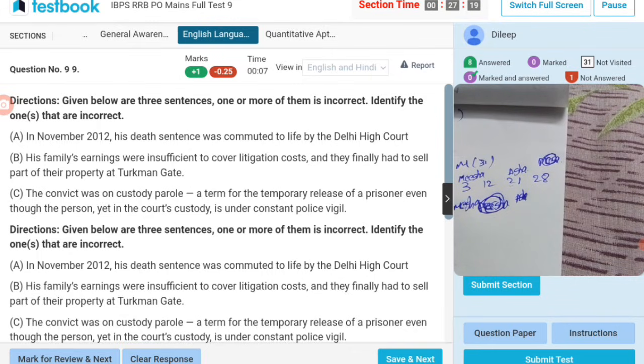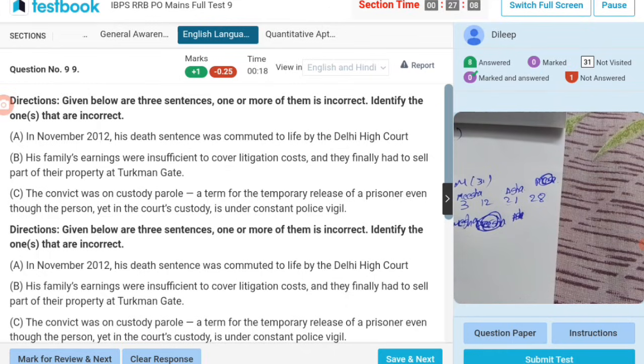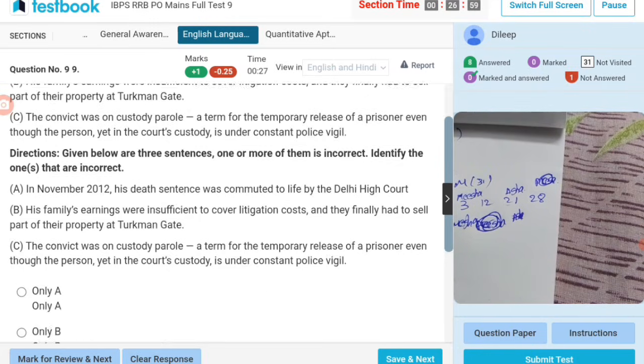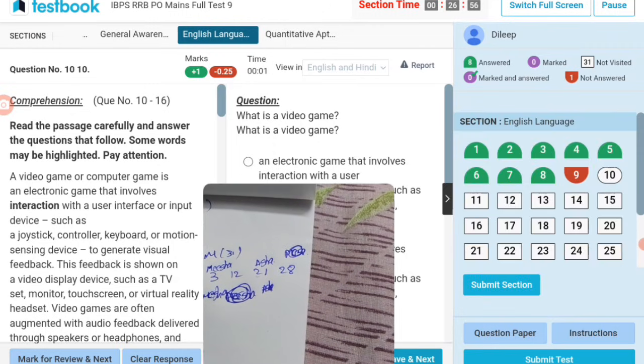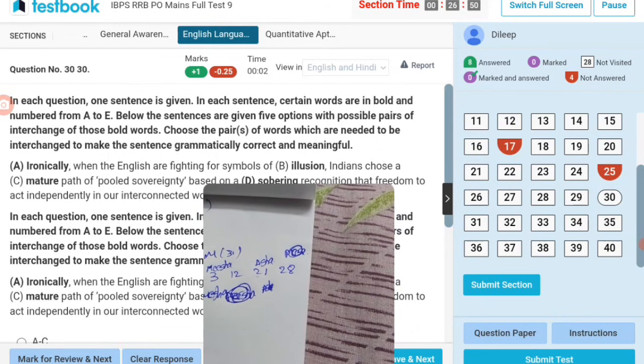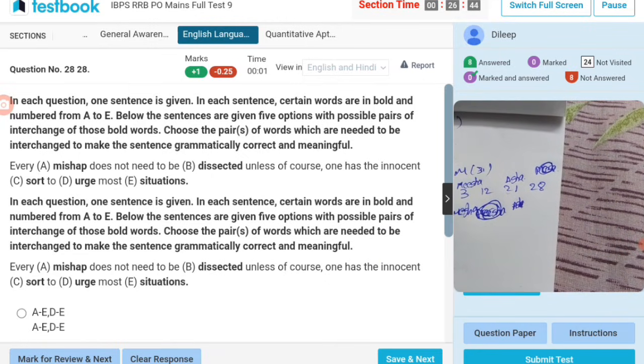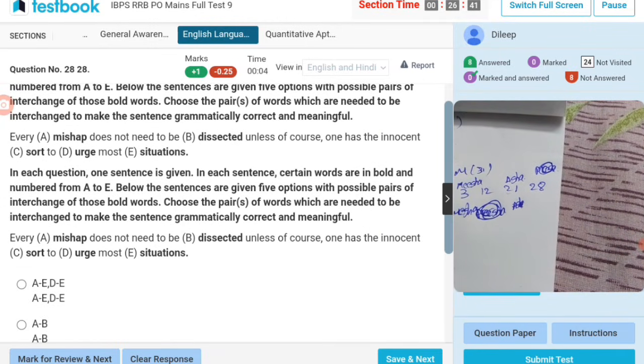So given below are three sentences, one or more of them is incorrect. In November, his death sentence was... every mishap does not need to be.